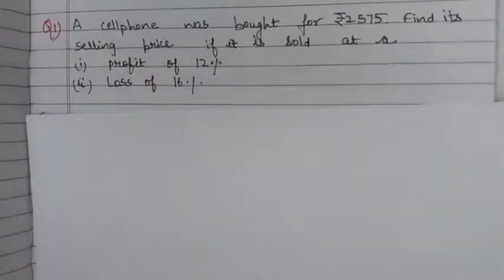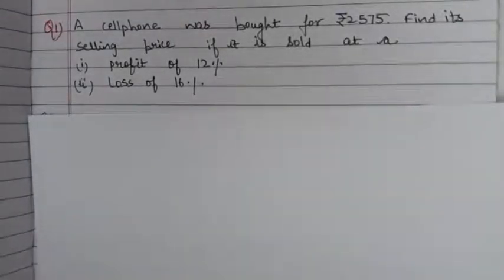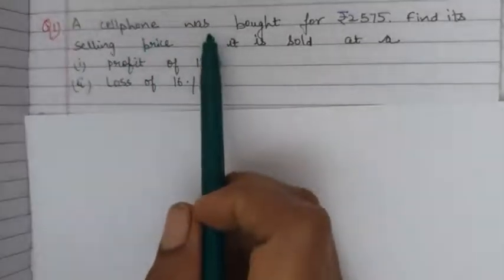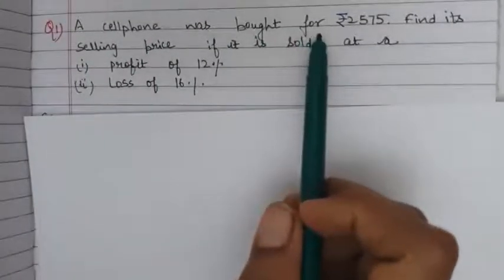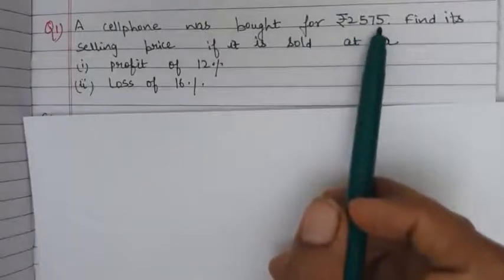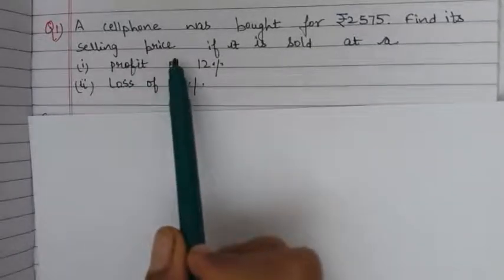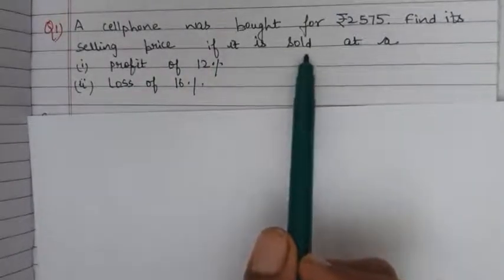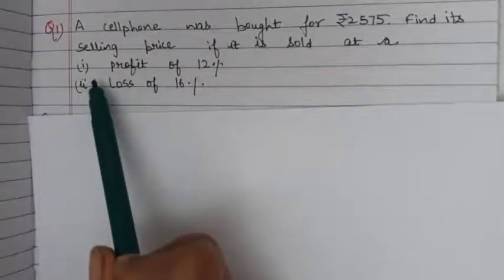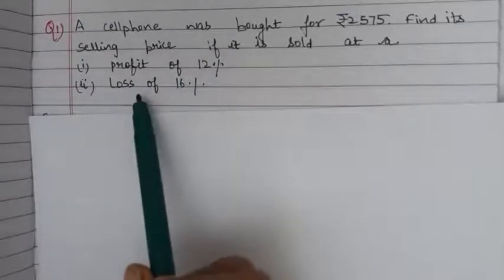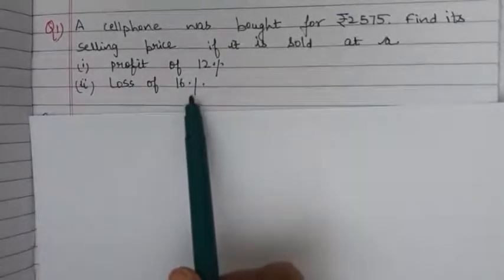Now let us start discussing a few examples based on profit and loss. The first question is, a cell phone was bought for rupees 2575. Find its selling price if it is sold at number 1, a profit of 12%, number 2, a loss of 16%.